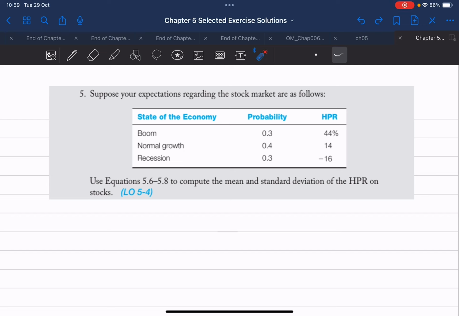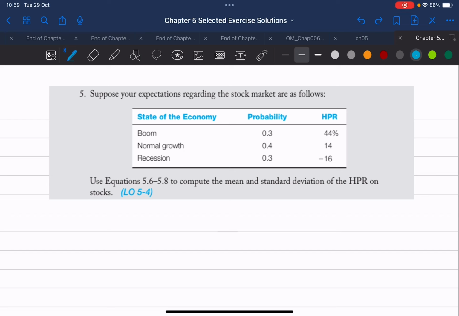For each scenario, we have a probability and a corresponding holding period return. What's required is to compute the mean and standard deviation of the holding period return on the stocks. So first thing we're going to do is calculate the holding period return.